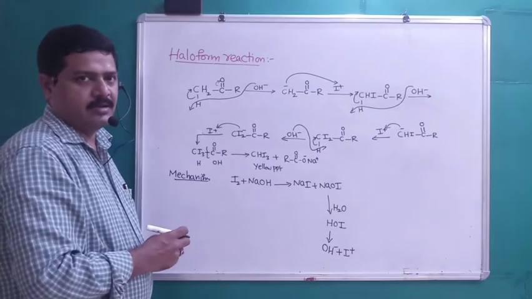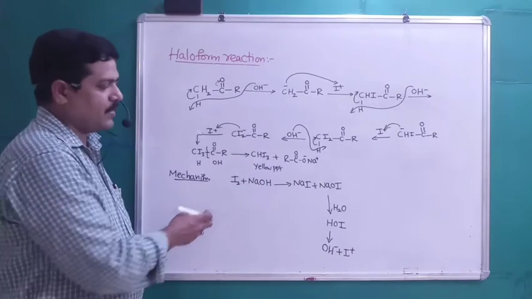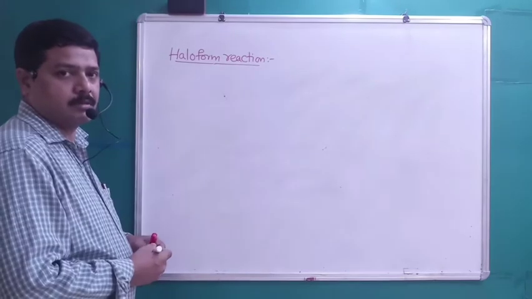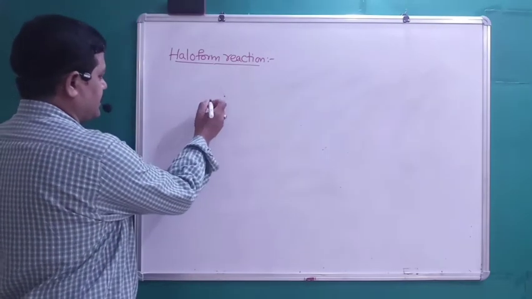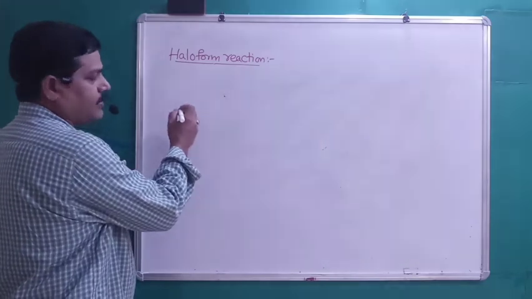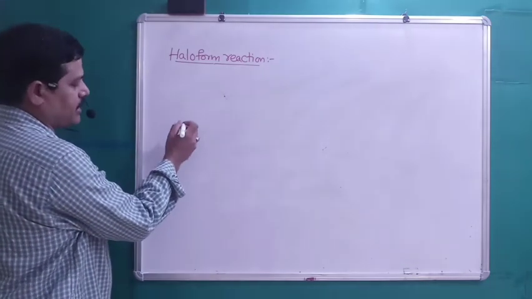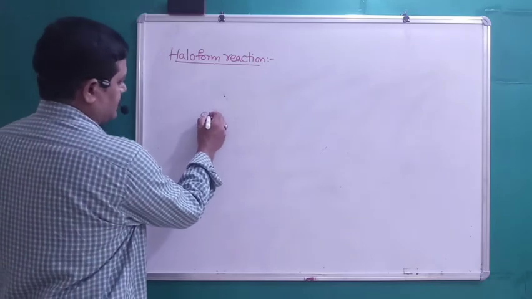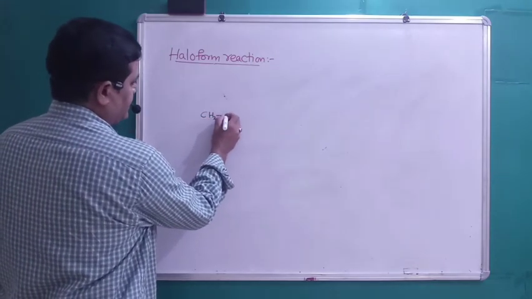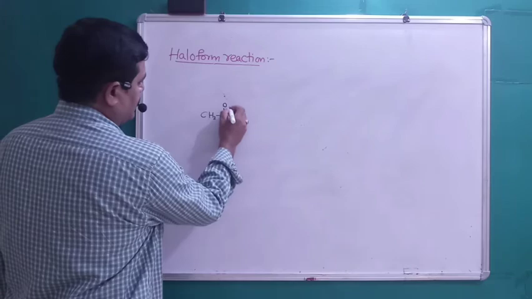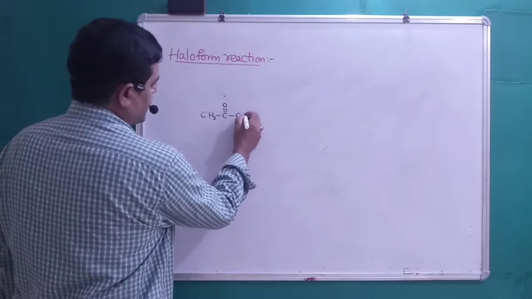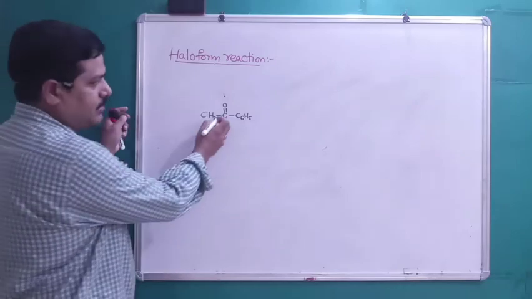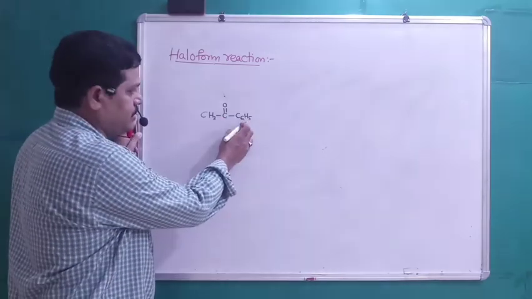Let us see what types of compounds will give the haloform reaction. Some examples which can give haloform or iodoform reaction: CH3-C=O-C6H5.